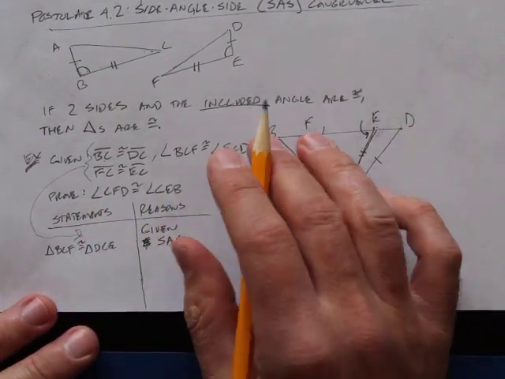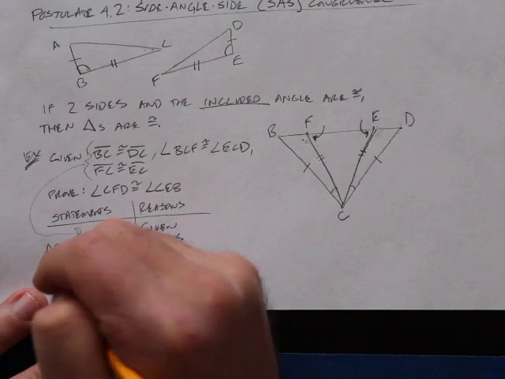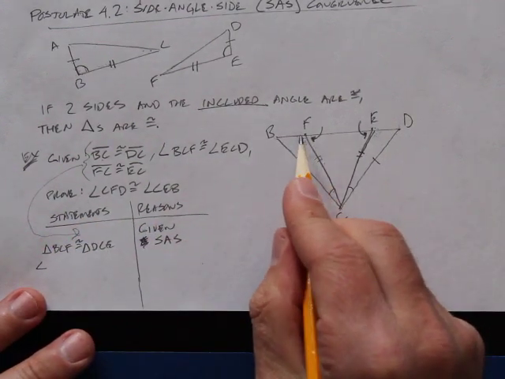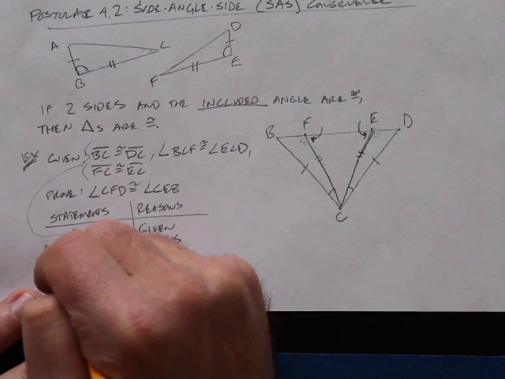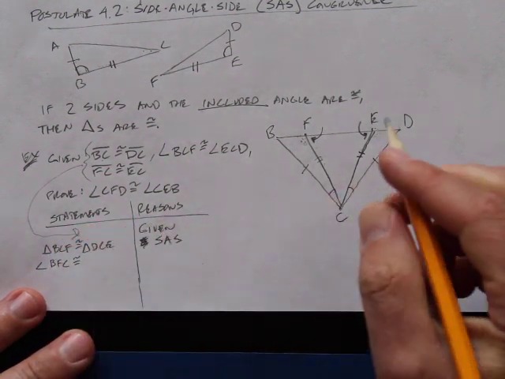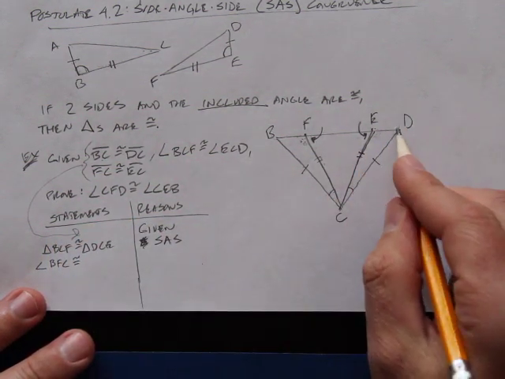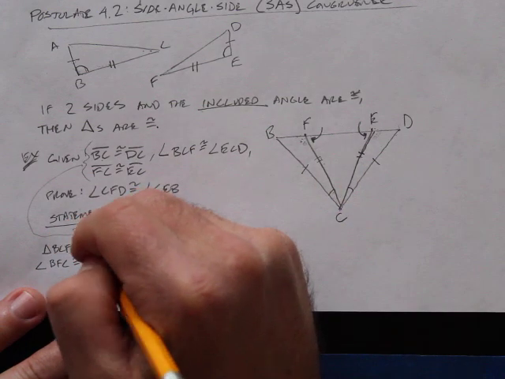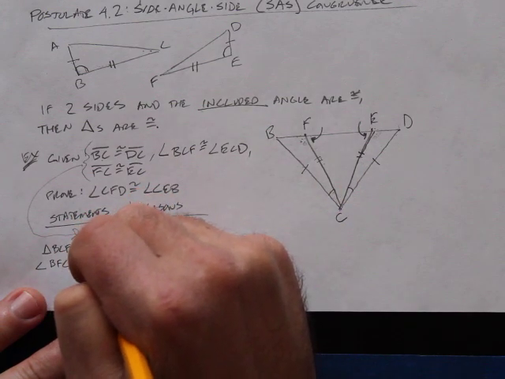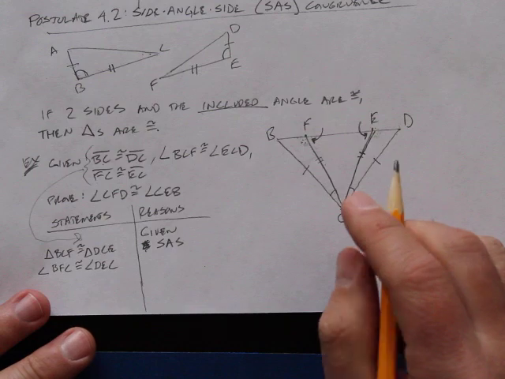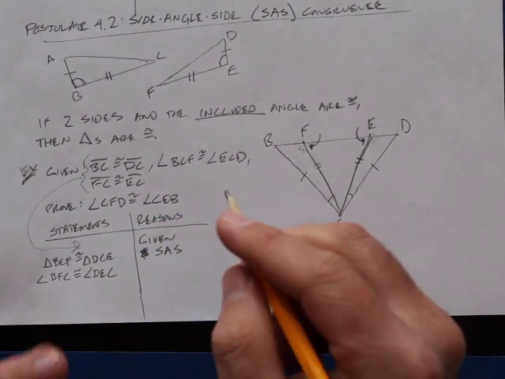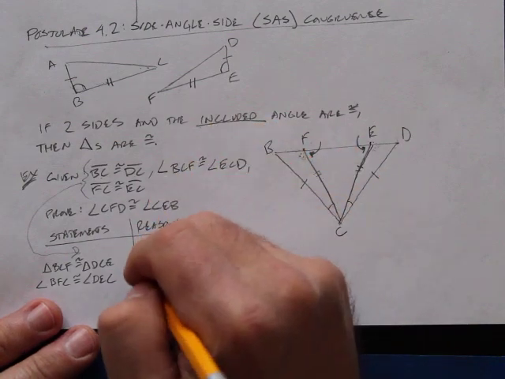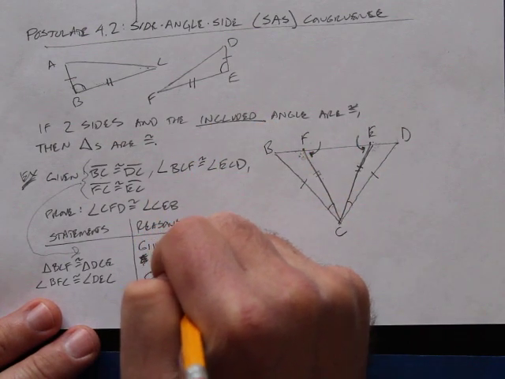Okay, now I'm going to say that this angle in here, BFC, is congruent to this angle DEC. And this is by a reason that is important, one that you might need to know: CPCTC.